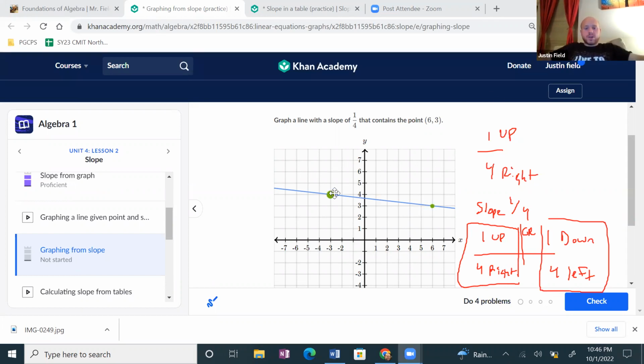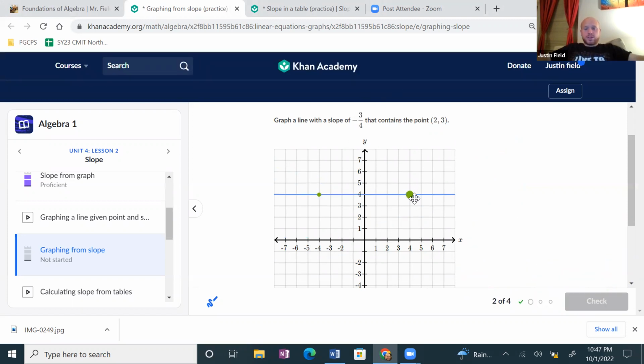So I want to show you. I can go 1 up and 4 to the, oh, I ran off the graph. So that's why I need my second option. I can go 1 down. See, now it's 1 down and 4 to the left. Should be 2. Let me see. So you want to know your options because sometimes you'll run out of room.